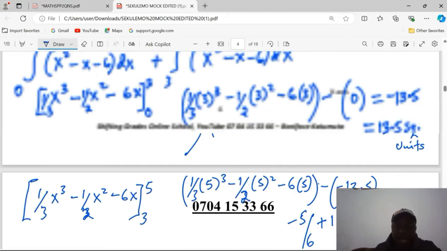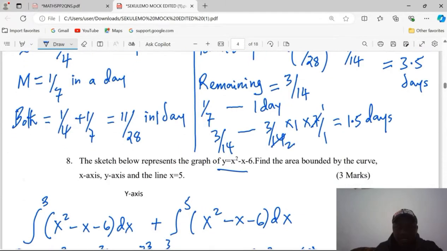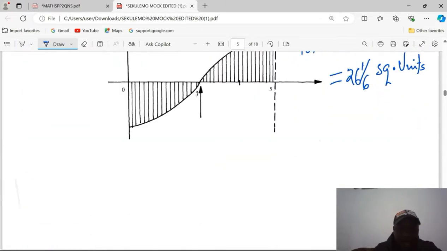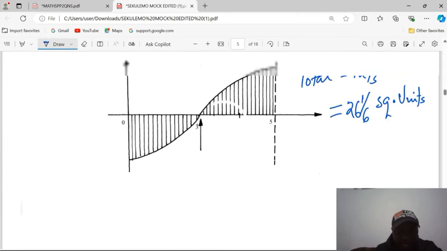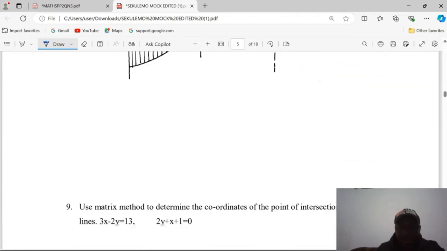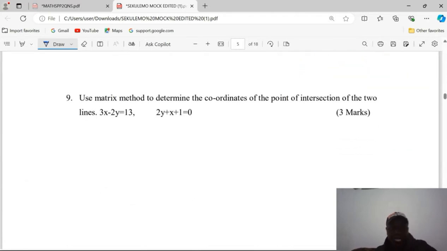This will be the area now. This is the exact area bounded by the curve, the y-axis, the x-axis, and the line x equals 5. We continue with a number.